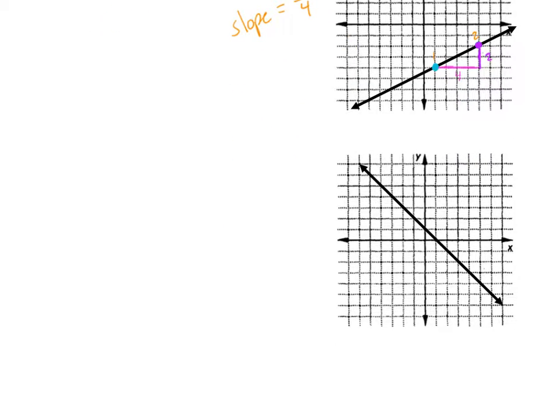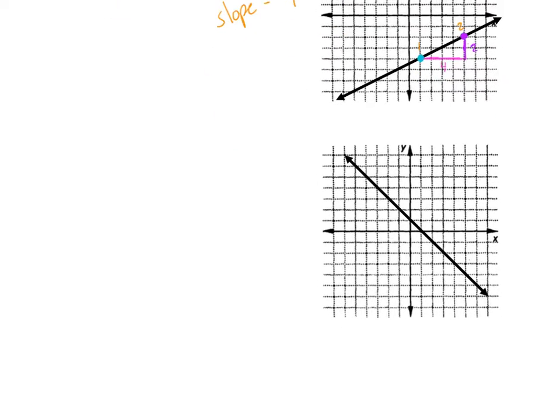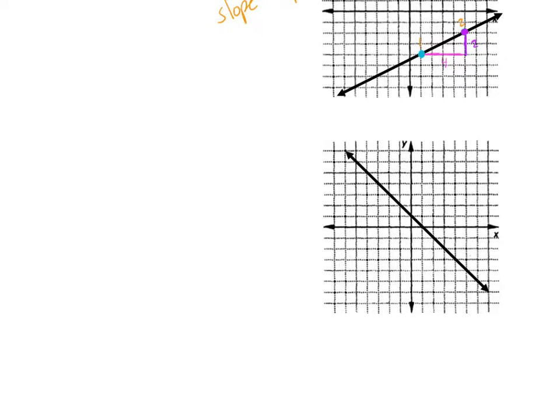Let's look at another. We'll look at this next one here. This line goes the other way. It's a negative here. So let's start with this point right here, make this point number 1.